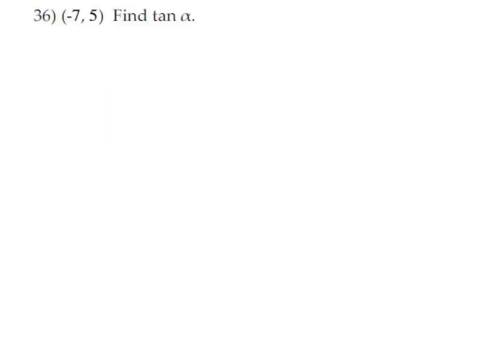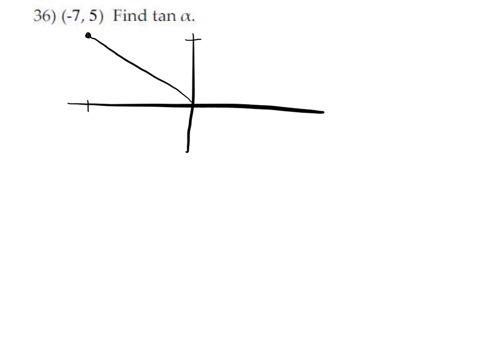Find tangent alpha if alpha is in standard position and its terminal side includes the point (-7, 5). So we can start by drawing this. This is the point (-7, 5). And we can draw a triangle. Now, technically, that's alpha.